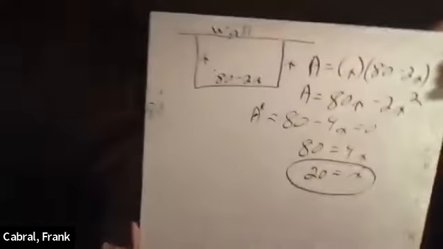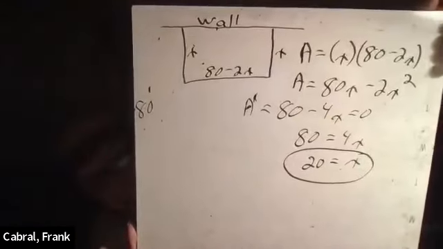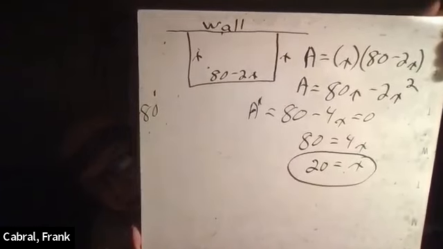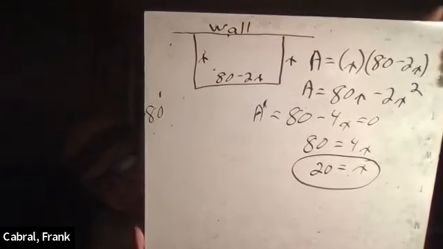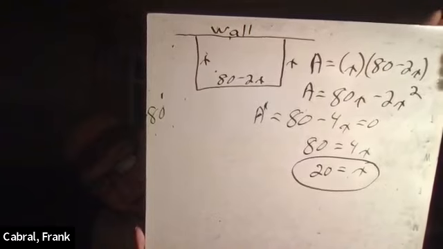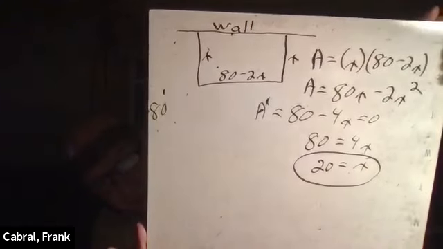So that gives us one of the dimensions. All we have to do is plug this back into the original drawing that we made to find the other dimension. So if X is 20, that means that the other dimension is going to be 40. All right, straightforward.